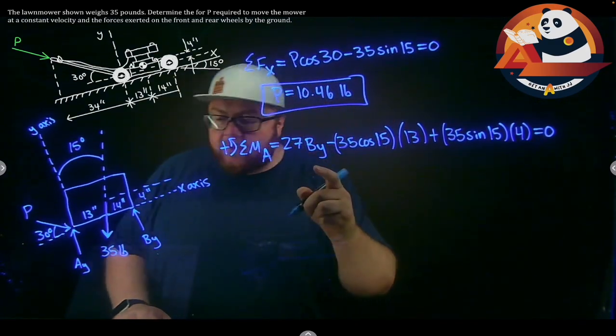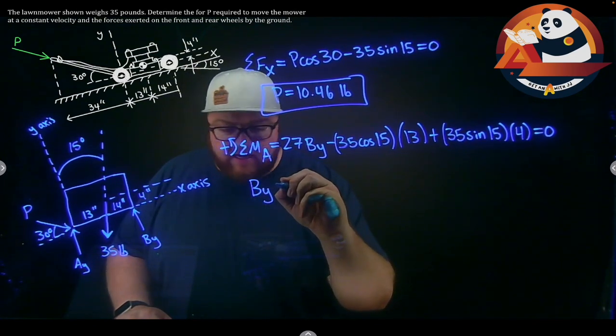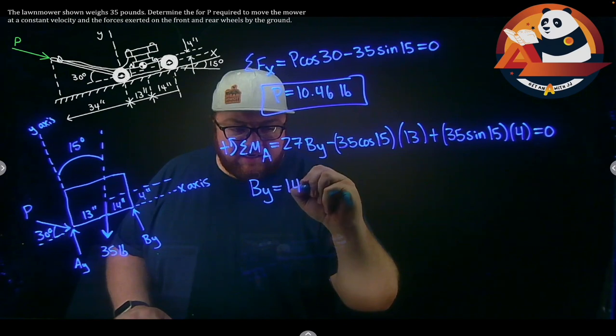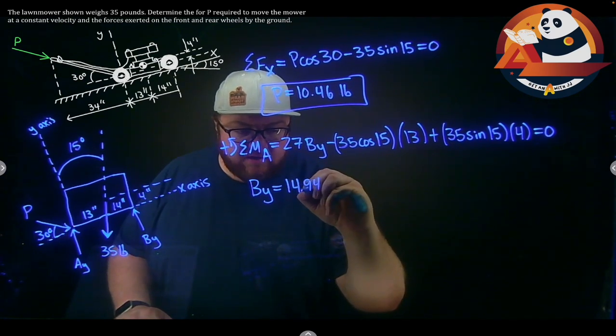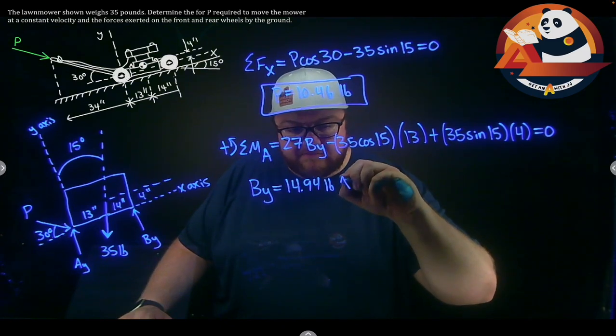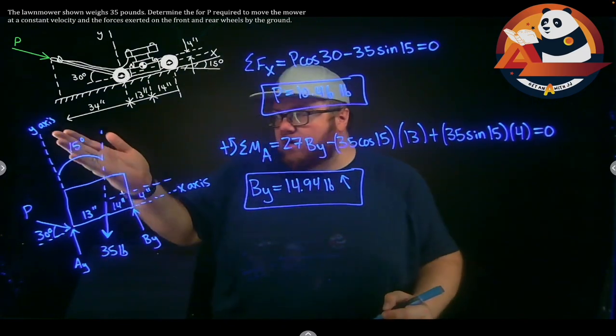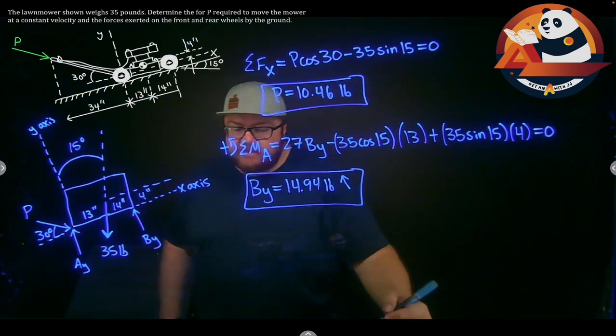Solving for BY, my only unknown, I'm going to get that BY is 14.94 pounds, and it's going up and to the left, in our rotated Y direction entirely.